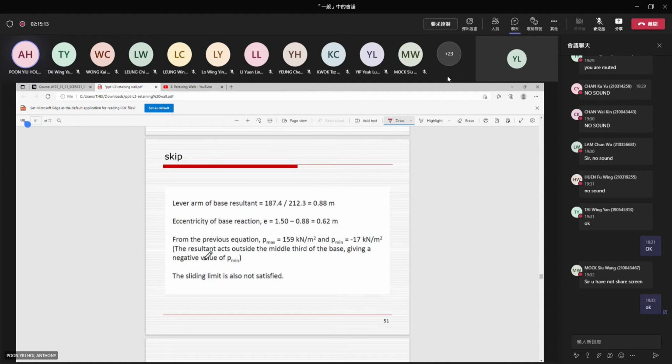We actually have tutorials 2 and 3. Tutorial 2 is an example on a retaining wall using the global safety factor, and tutorial 3 is using the partial safety factor.